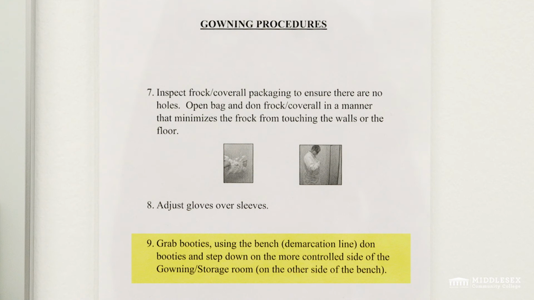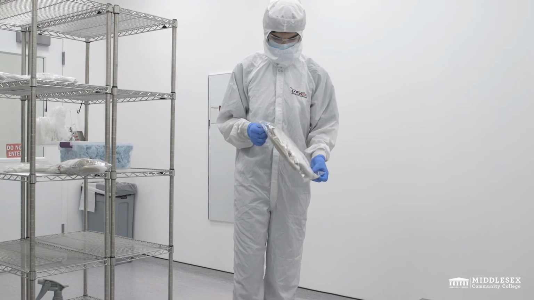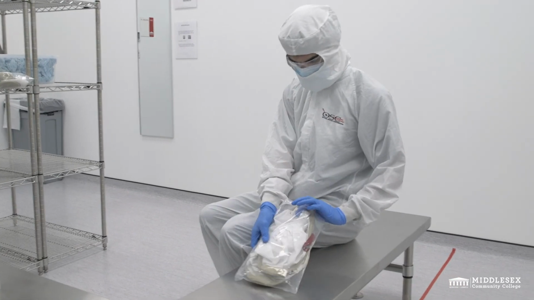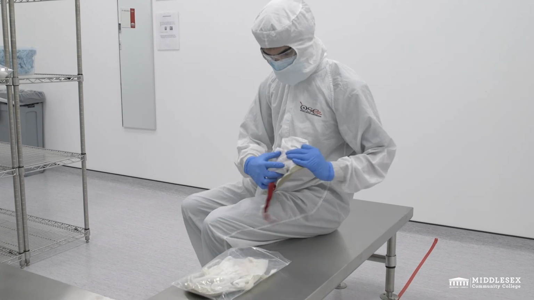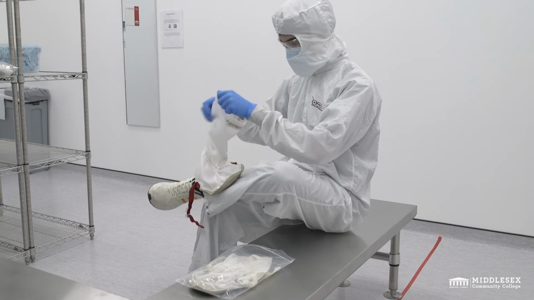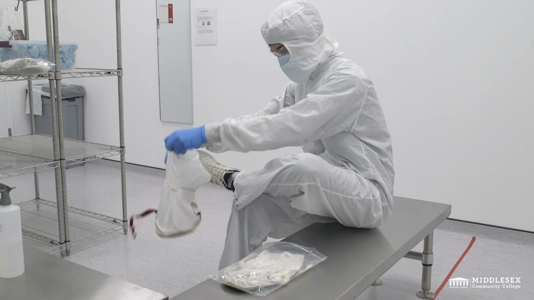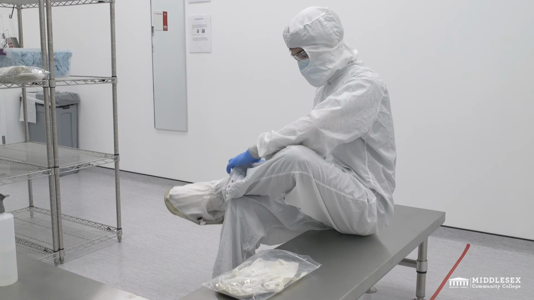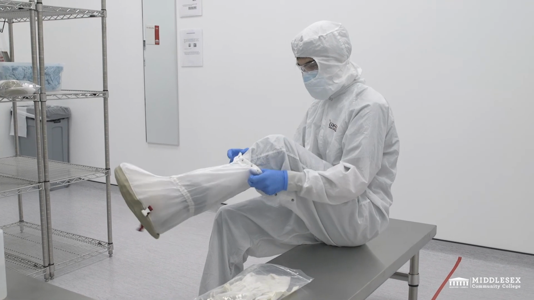If in a package, once again, inspect the package to make sure there's no holes or punctures. Once you verify this, open the package. You want to don your booties and step down on the more controlled side over the demarcation line.